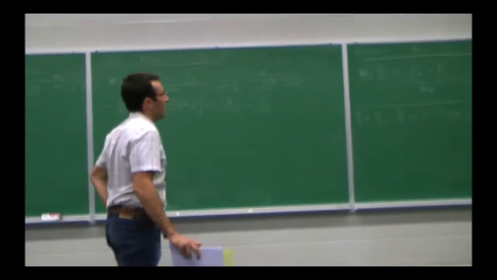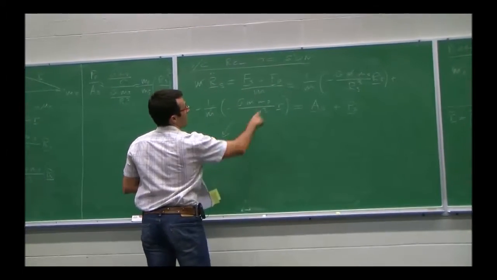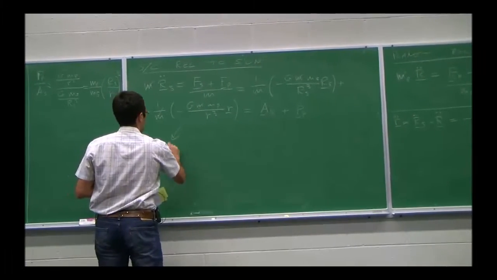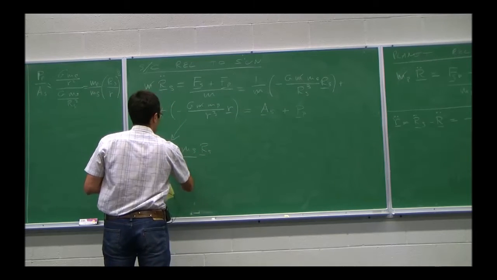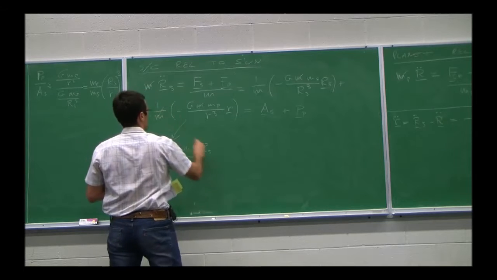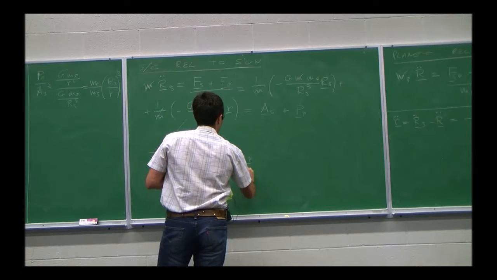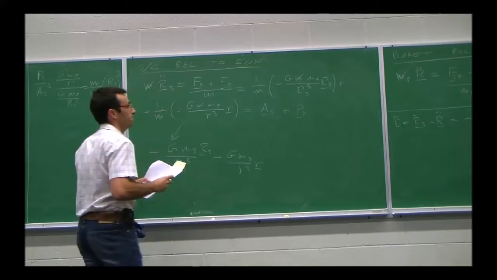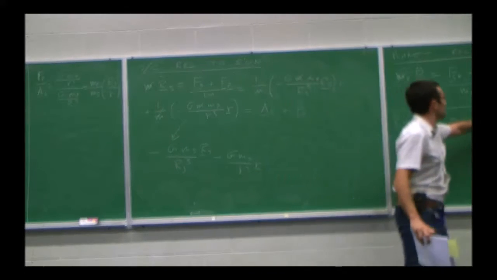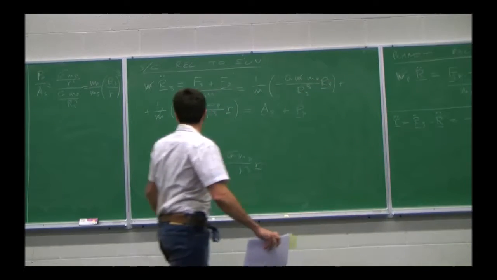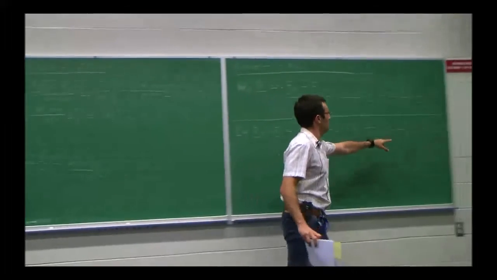Let's see. Rs double dot is this one. Let me rewrite it, just removing all the simplifications. It's minus G ms rs over rs cubed, and then we had minus G mass of the planet over r cubed r. So I recognize this term, it's right here. This term is right here, right?